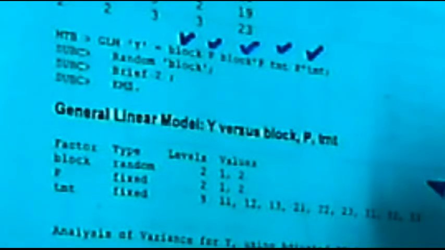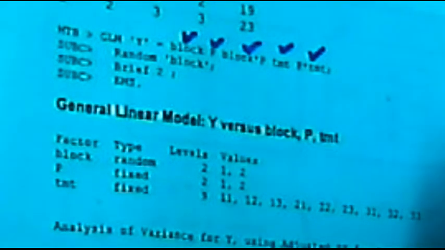These last 2 entries in this model equation are just the same kind of thing that we've used before. There's 1 factor, treatment, this new one that I created, and then the original factor A was called P. I used random blocks again.